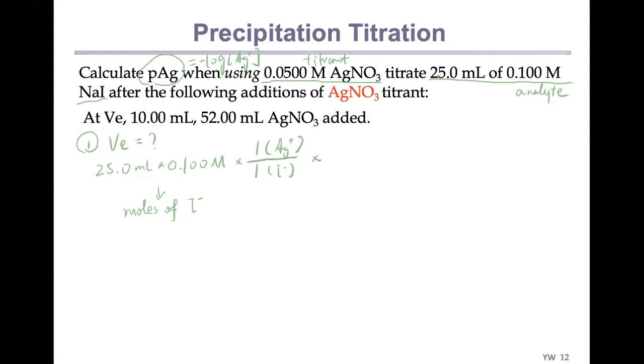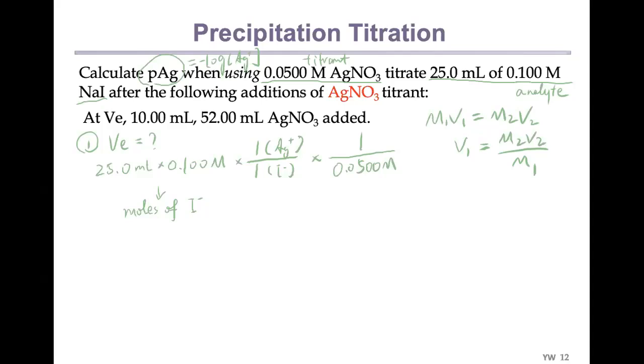So do I divide the number or multiply by the number? You can divide, so it would be 0.0500 moles over 1 liter. Okay, so this applies the M1V1 = M2V2 equation. V1 will be M2V2 divided by M1.